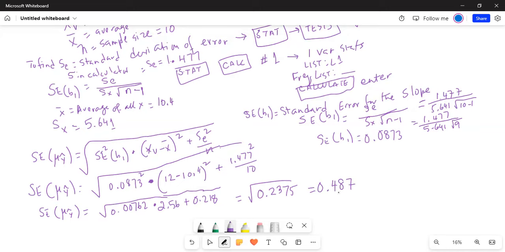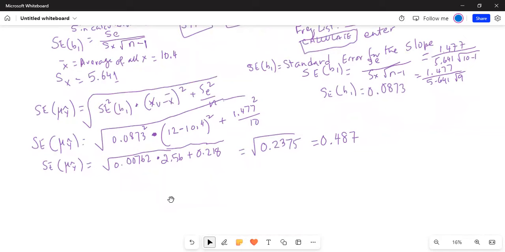Okay. Now we also need to find the critical value of t. So if I create some more space, basically we need to find t with degrees of freedom n minus 2 and alpha by 2.